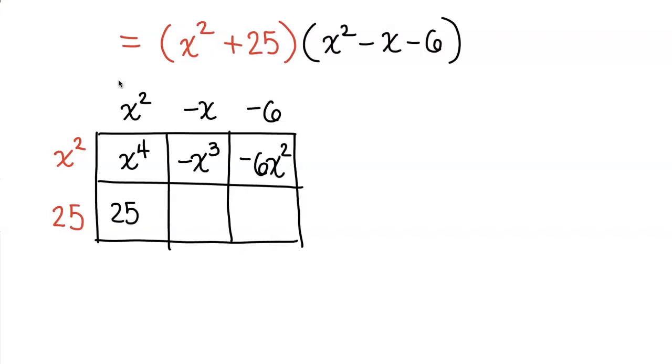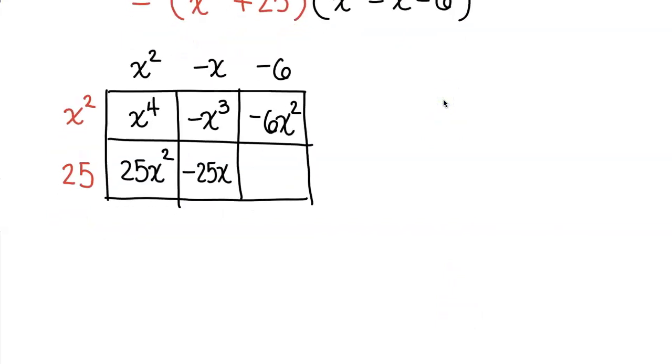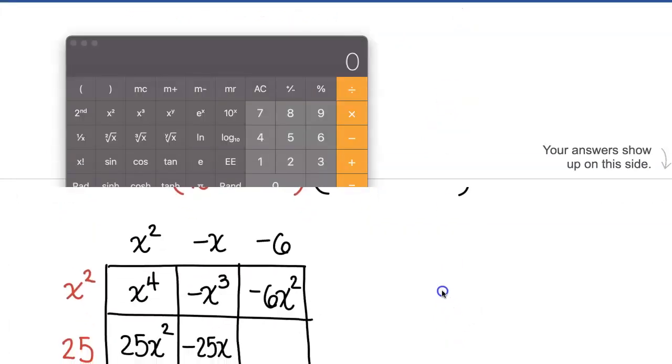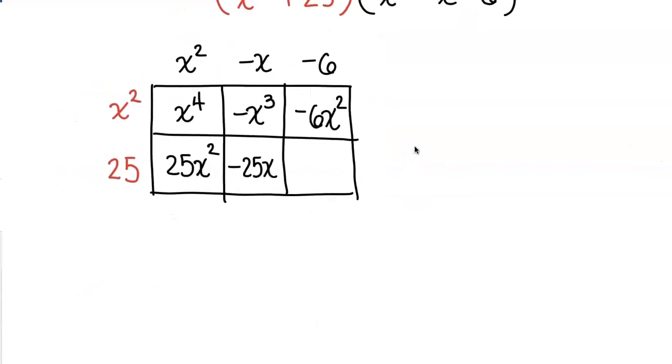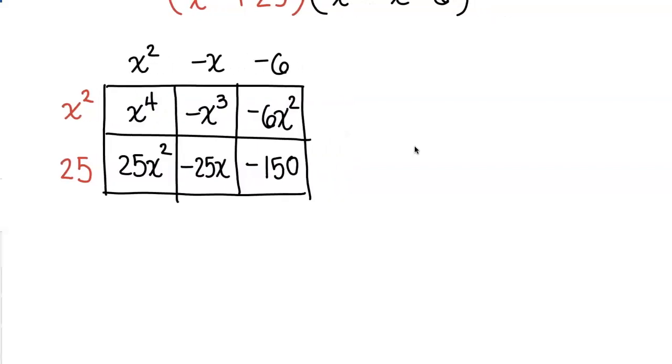Similarly, I will get these 25x squared, minus 25x, and lastly, I may need a calculator for that last part. So for that last part, I am doing 25 times negative 6, and that comes out to be negative 150. Now, let me combine some like terms here if we can find some.